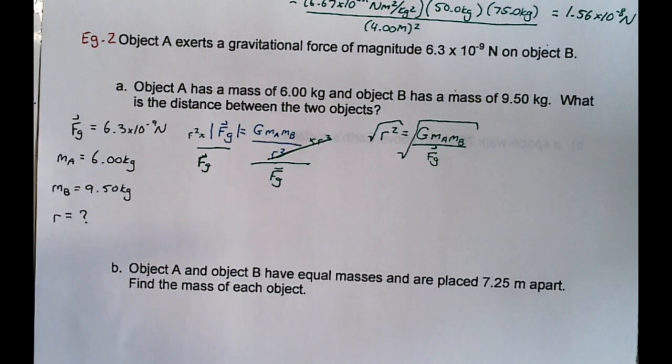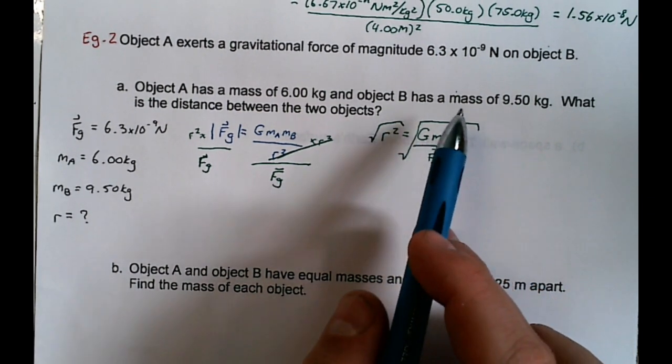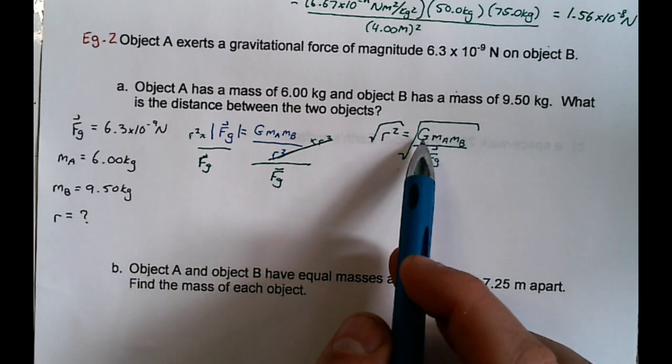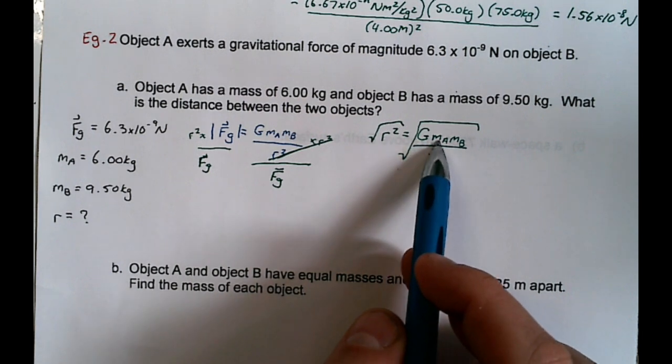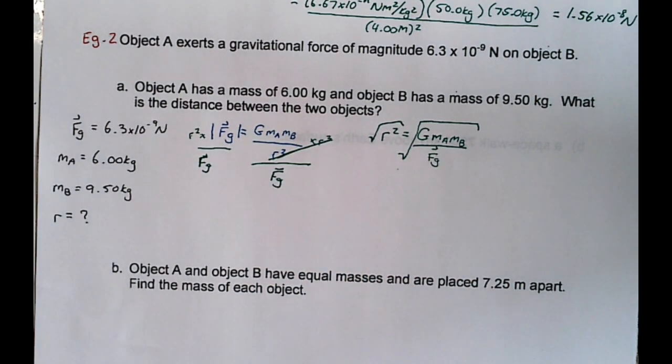So now we finally have our formula. This is going to cancel out, and we're going to have r is equal to the square root of the gravitational constant times the masses divided by the force due to gravity.